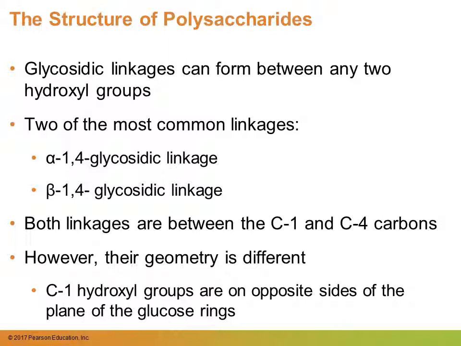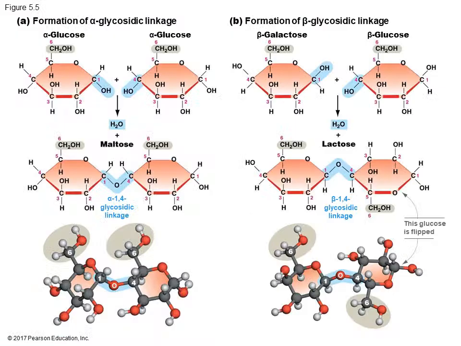The 1,4 represents carbon 1 of one monosaccharide with carbon 4 of another monosaccharide. And this is where the glycosidic linkage takes place. And we'll see this in just a second. It says here the C1 hydroxyl groups are on opposite sides of the plane of the glucose rings, depending on whether you're going to have an alpha or beta glycosidic linkage.